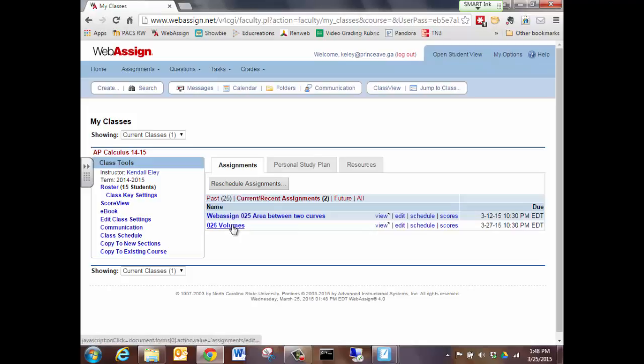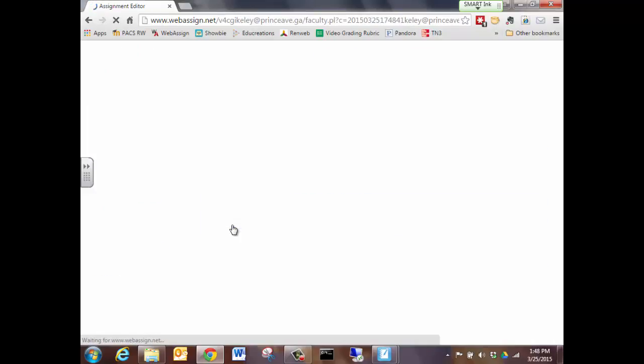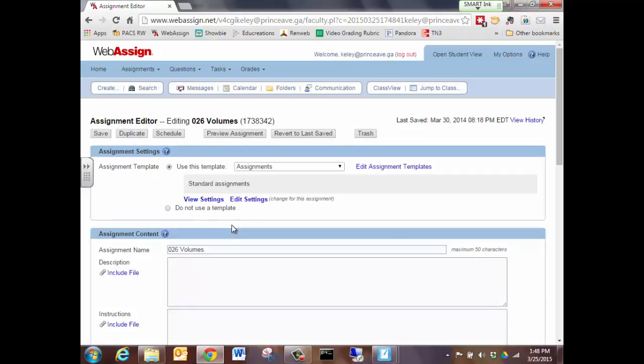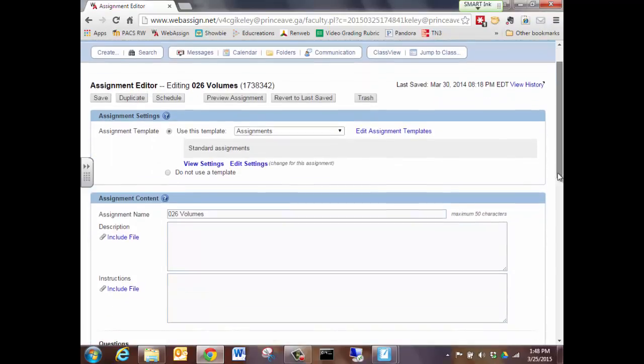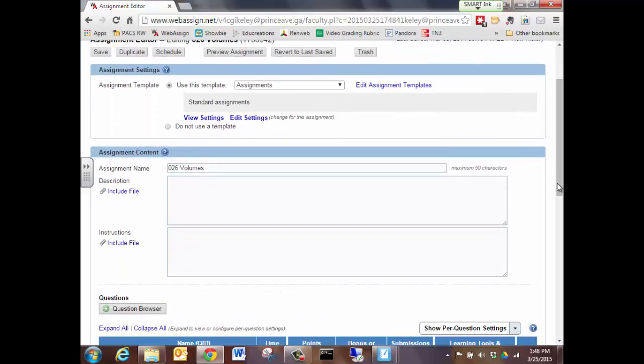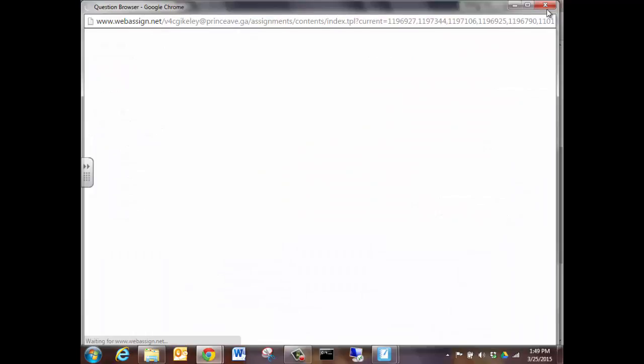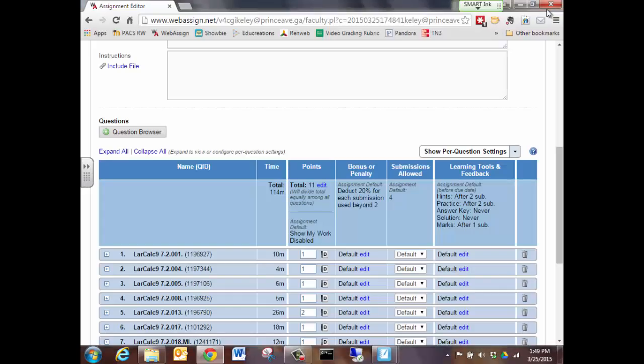WebAssign on volumes. Which one do we think it is? But we'll know it when we see it. That's not what I wanted to do. We're not going to add anything to this.